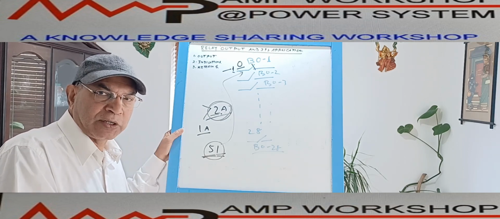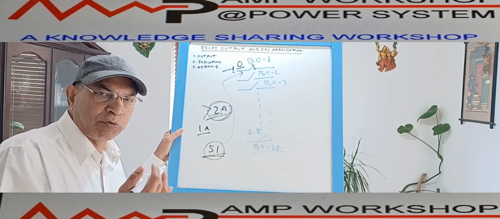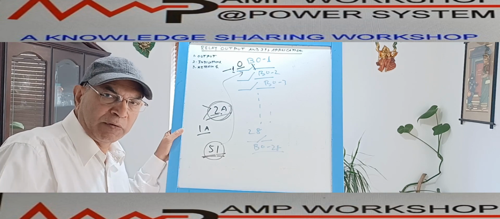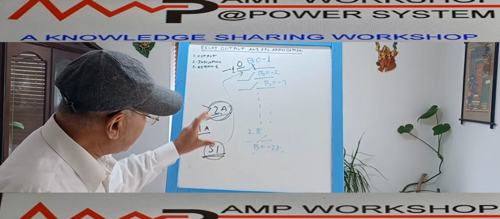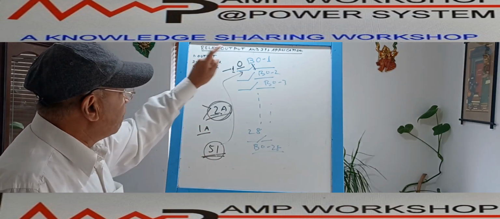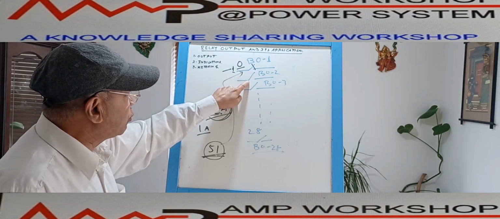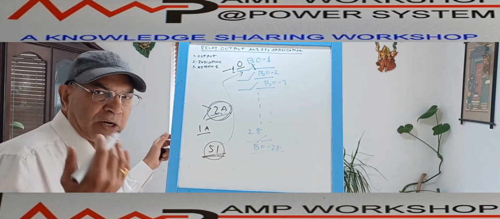All the protection functions, alarm indications and output functions can be configured based on our requirement. Suppose I want to use binary output 1, binary output 2, binary output 3 for the protection functions.